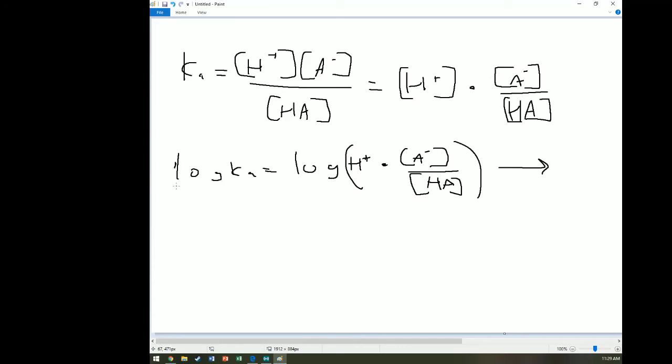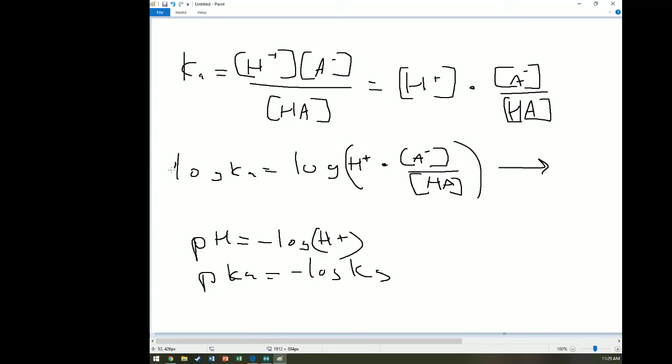Now, remember that pH equals negative log H plus, and that pKa equals negative log Ka.